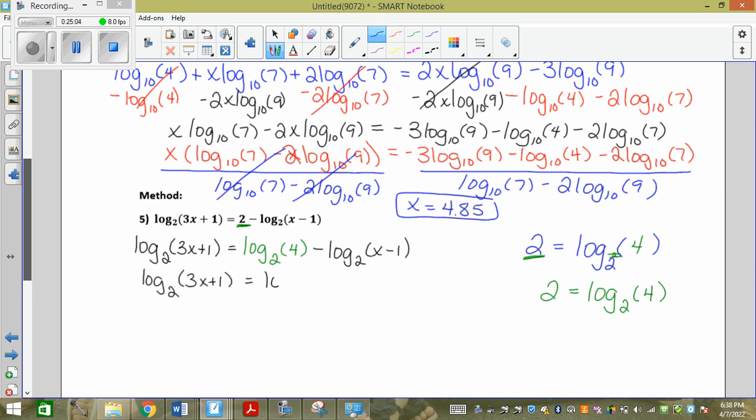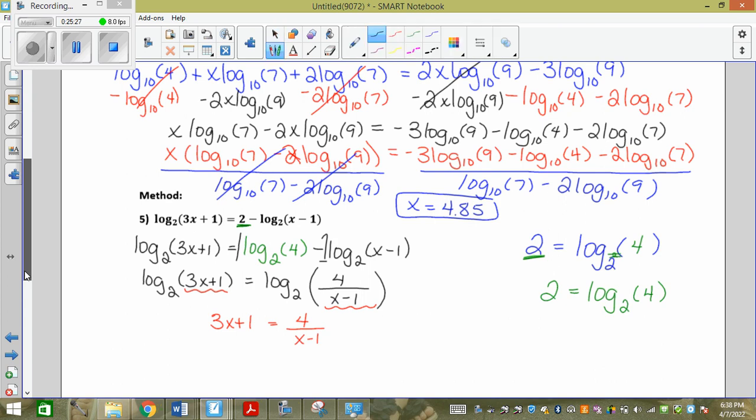And then this one's going to become log base 2, 4 is going to go in the numerator because it has a plus 1 in front. This one has a minus 1 in front, so x minus 1 is going to go in the denominator. I now have log base 2 of this equals log base 2 of that. So if that's true, I can just say 3x plus 1 must equal 4 over x minus 1.